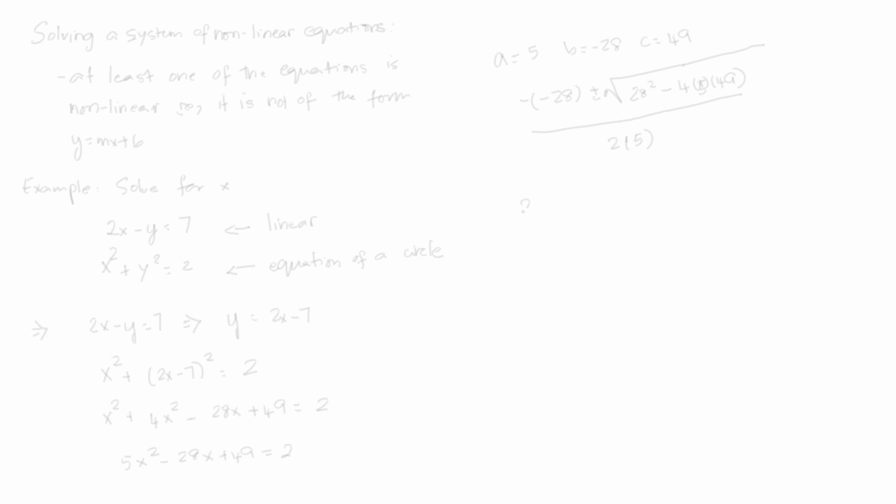So I will have 28 plus or minus square root of 28 squared, which is 784, minus 49 times 20, which is 980, over 10.